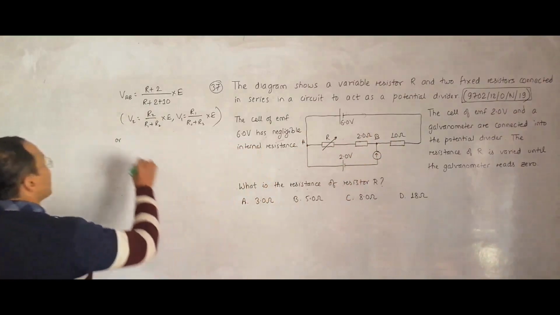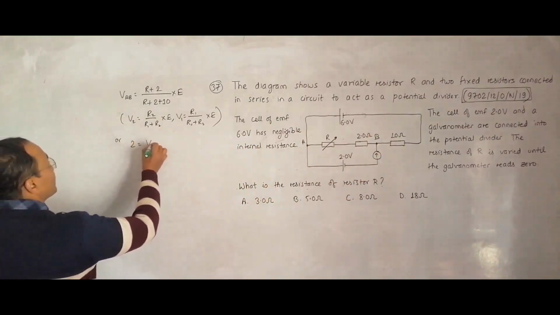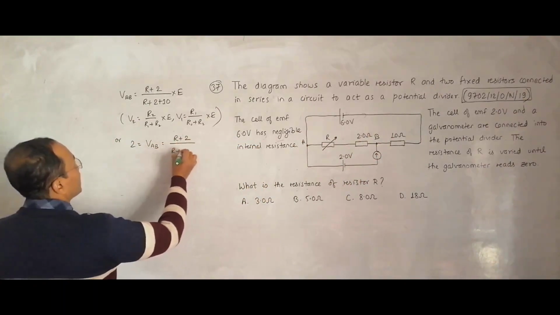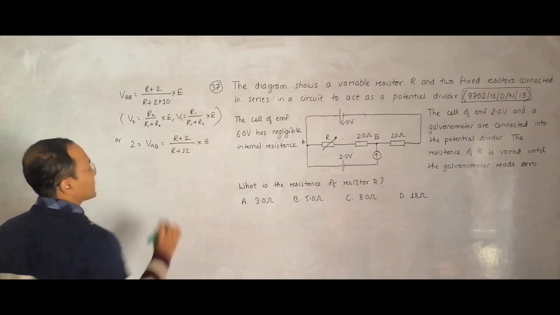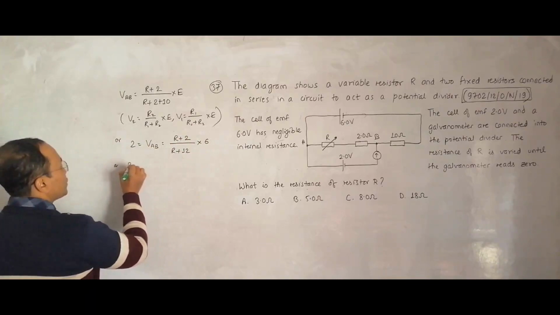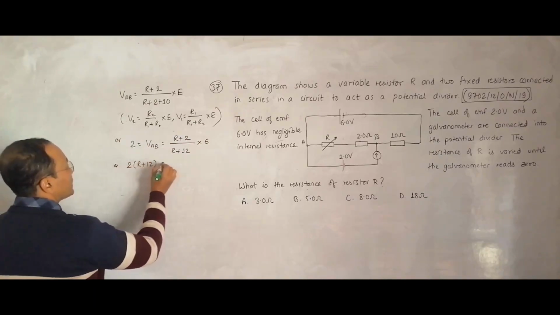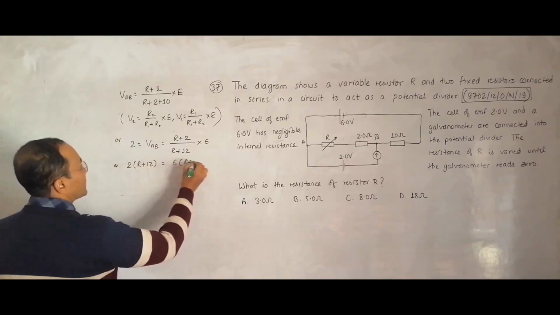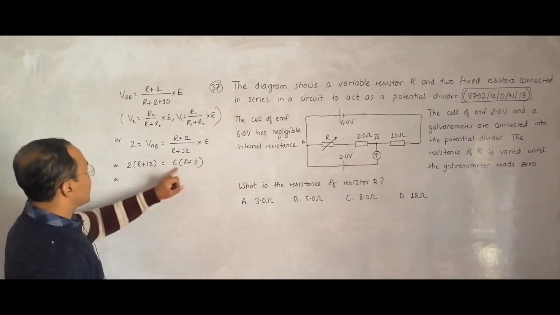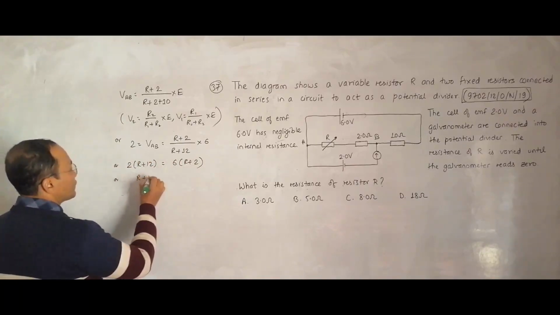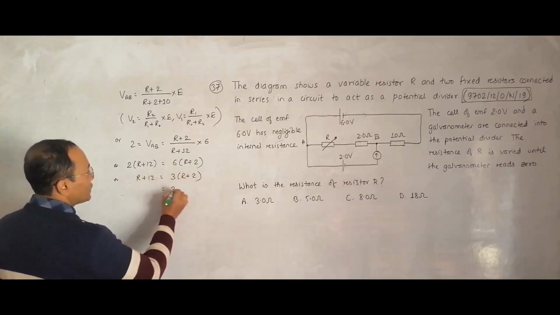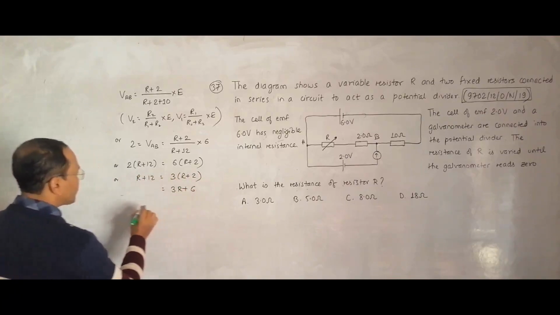So we have 2 equal to VAB, which is (R plus 2) divided by (R plus 12) into E, which is 6.0. Cross multiplying, 2(R plus 12) equals 6(R plus 2). So R plus 12 equals 3R plus 2, that's equal to 3R plus 6.